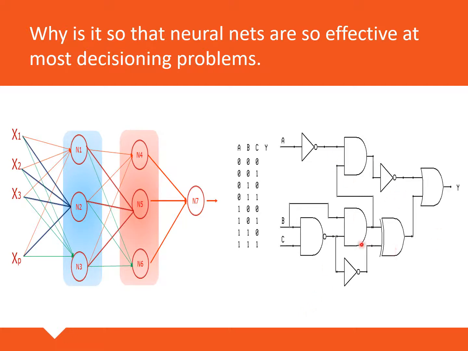If you look at logic gates or circuit diagrams, this is typically how they look. What happens in a circuit diagram is, let's say we have three inputs here, A, B and C. These inputs are fed into different logic gates, the logic gates do their respective operations and then pass on the signal to the next logic gate, and so on and so forth, and finally the circuit gives an output, which is Y, right?